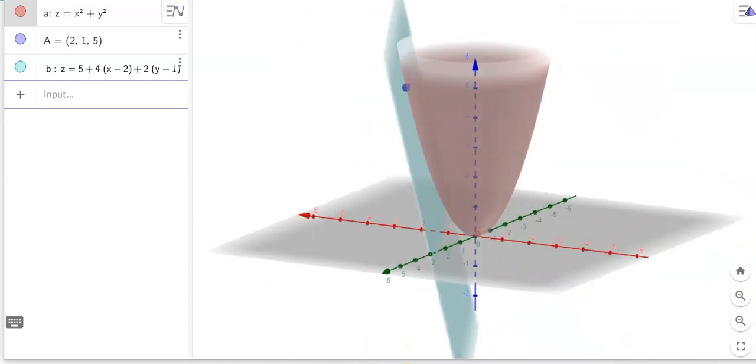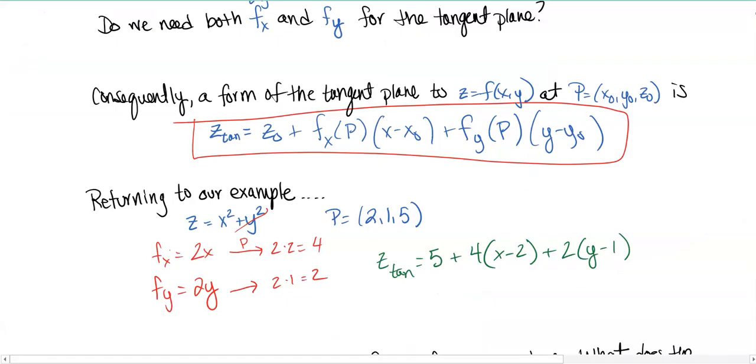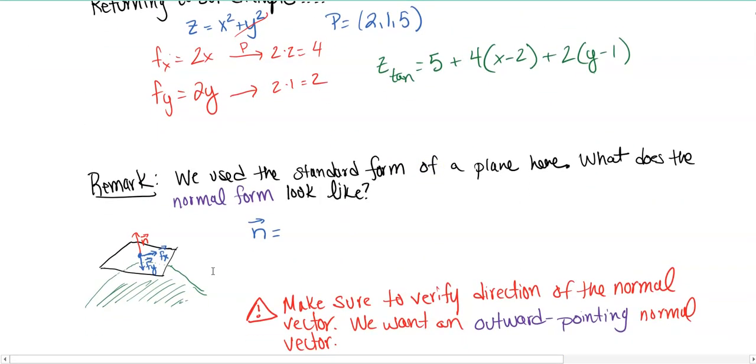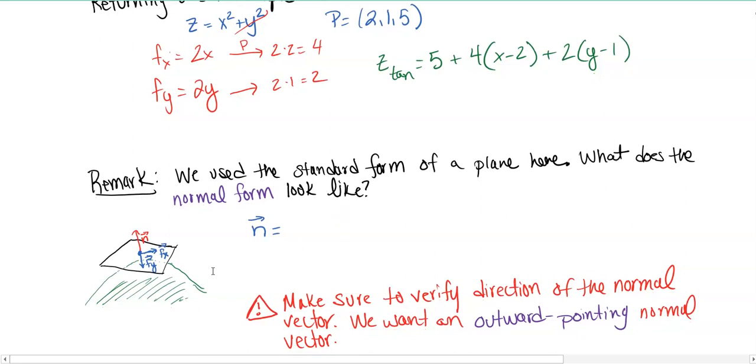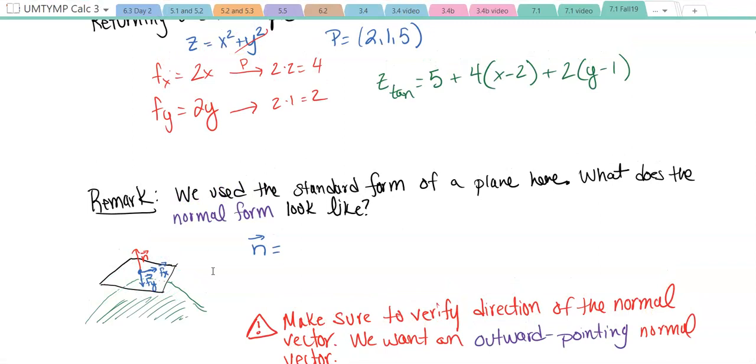One final comment here is that we used the standard form, but what does the normal form look like? If we have these two vectors that span the plane, and really these derivatives can be thought of as vectors, because again, you're extending in each direction, if we think of those two vectors as spanning the tangent plane, we can create the normal vector just by crossing them.